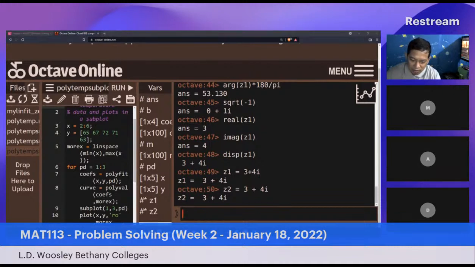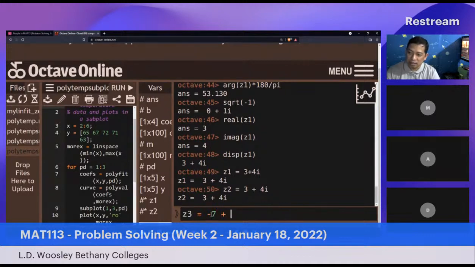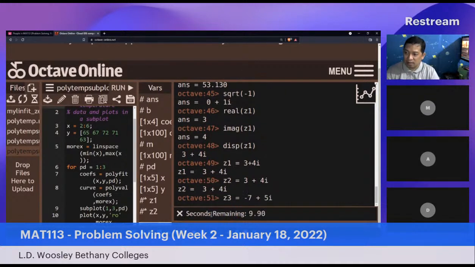Of course, I think in your advanced algebra you already know adding and subtracting complex numbers. You just add correspondingly the real part with the real part and the imaginary part with the imaginary part. Assuming we have another complex variable, Z3, equal to say -7 plus 5i.